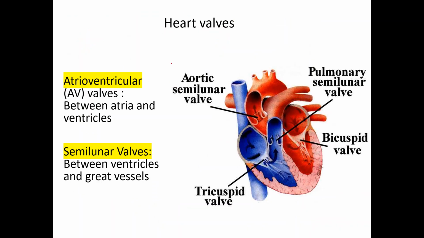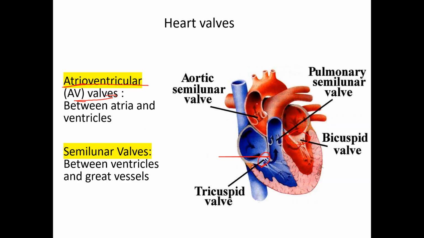Those structures that are in between the chambers, between the atrium and the ventricle, both the right and the left, are valves. They're really valves. They can be open or closed depending on what's happening. These are known as atrioventricular valves, AV valves, but they also have specific names, as we will see.